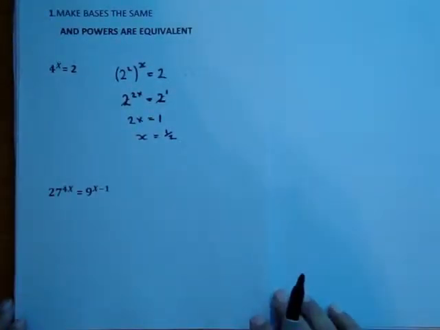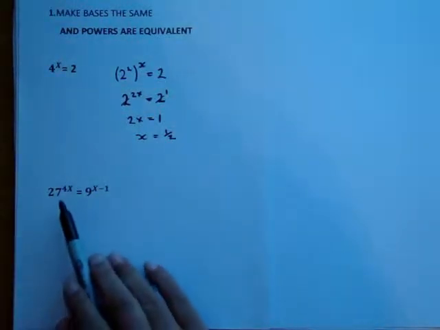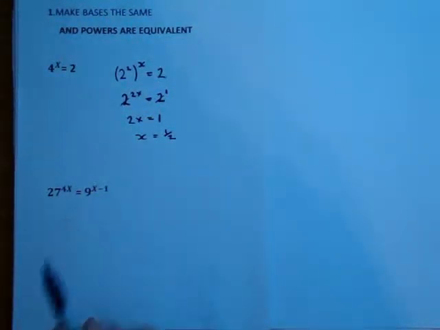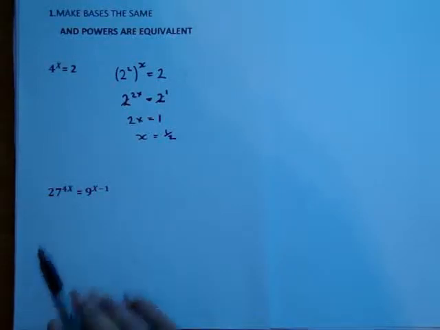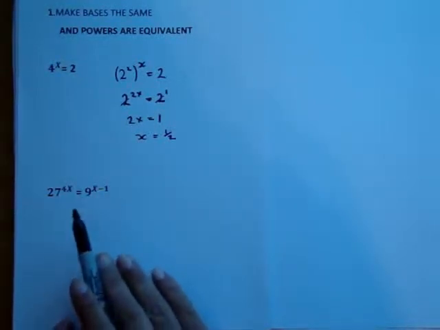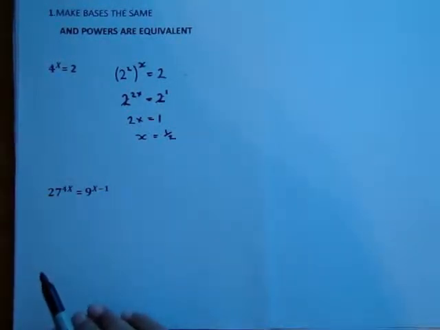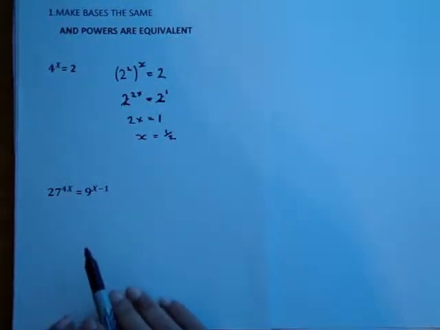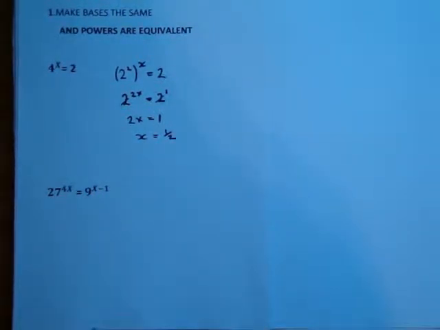Another similar one, so we're going to make the bases the same and then the powers are equivalent to each other, so we can make the powers equal and ignore the bases because they're the same. So 27 is 3 to the power 3.